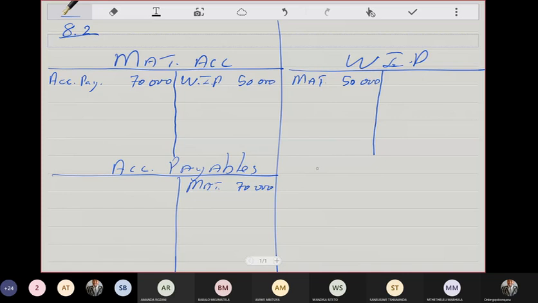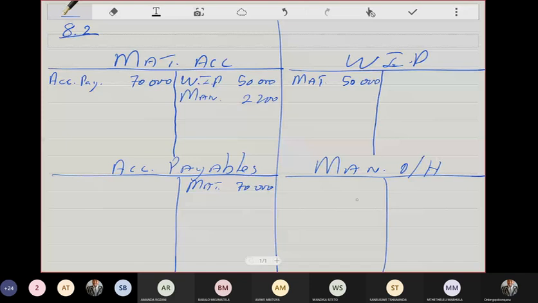What we need to open is manufacturing overheads. So you simply open your manufacturing overheads, come to the debit side of your manufacturing overheads and say material 2,200. Hope that is clear to everyone.